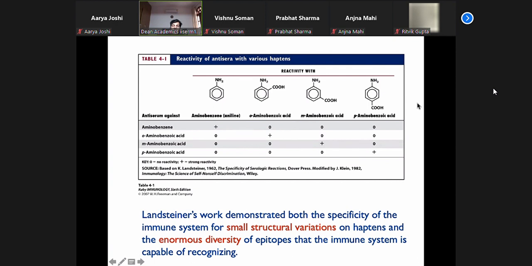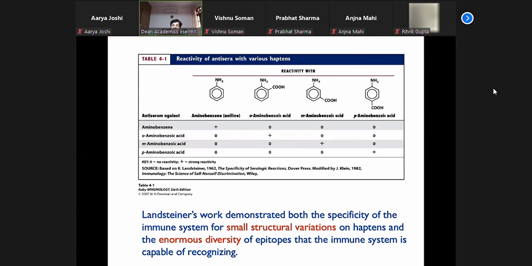Okay, now the other contribution of Karl Landsteiner, if you have gone through the historical perspective, basically the concept that we actually did not discuss, but I shared with you those 3-4 slides in which the contribution of different scientists was provided. So you would see that Landsteiner also got a Nobel Prize in immunology.